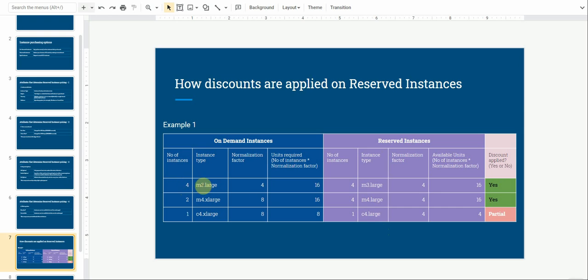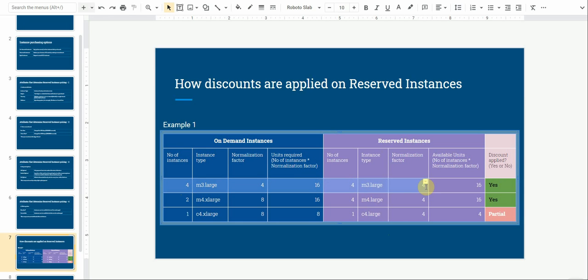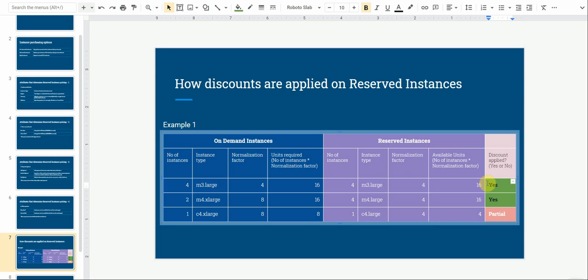If you look at the first row, 4 M3 large are required, whereas we have purchased 4 M3 large reserve instances. So this first row exactly matches with normalization factor into number of instances, which means the discount will be applied 100%.